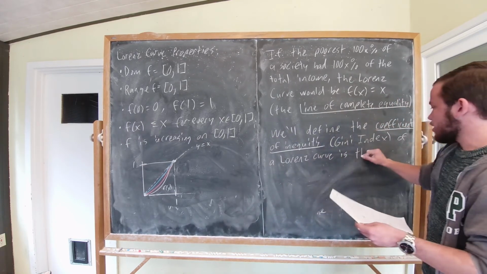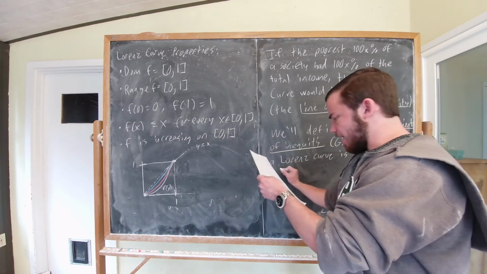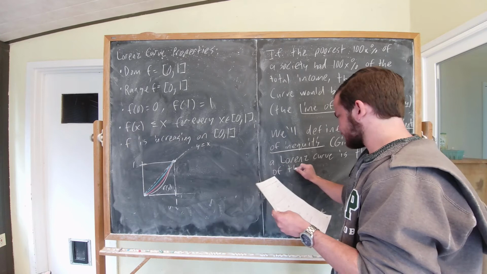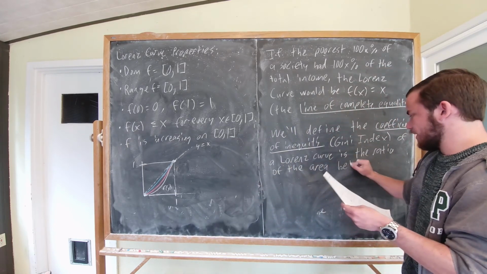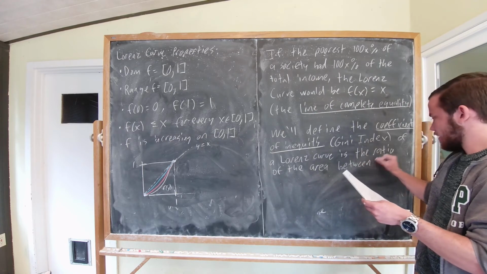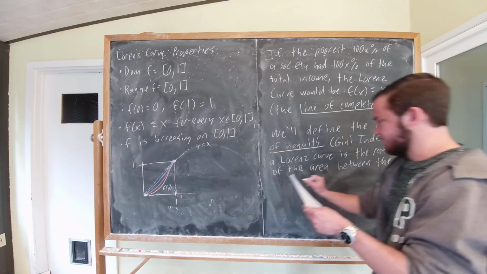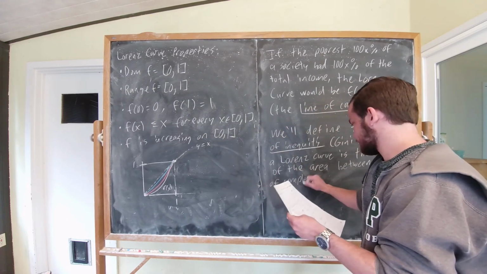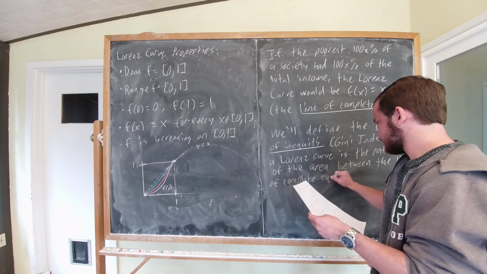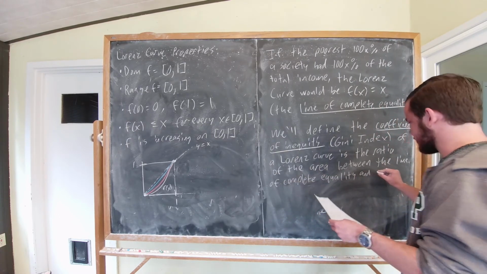And it's going to be the ratio of the area between the line of complete equality and the Lorenz curve.